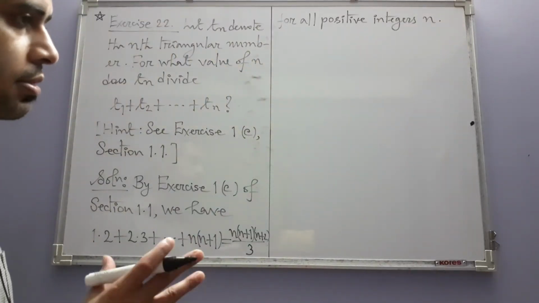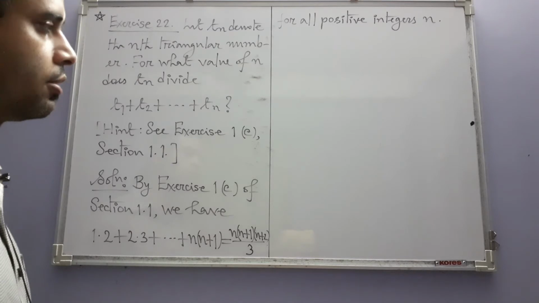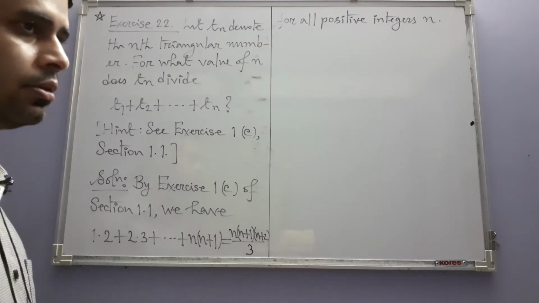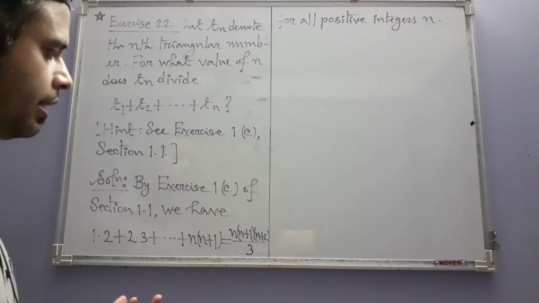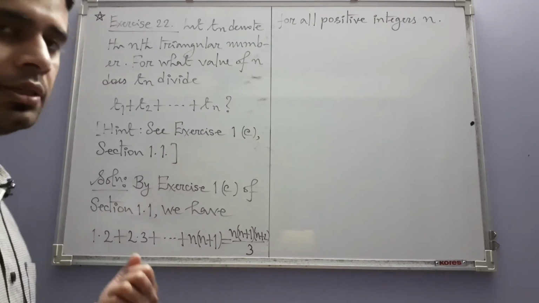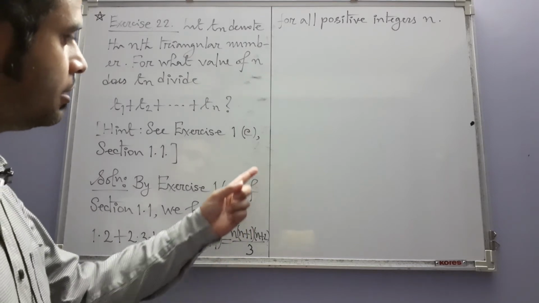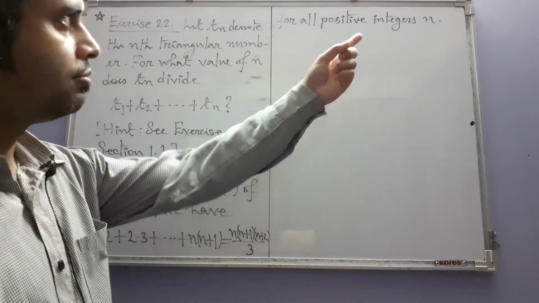See that suppression of information or not supplying obvious things as details, that actually determines everything. You see this part, for all positive integers n.